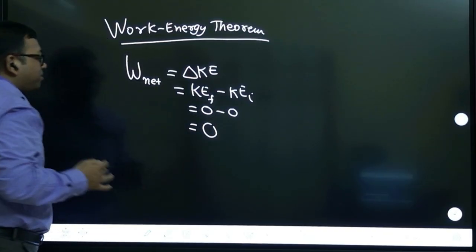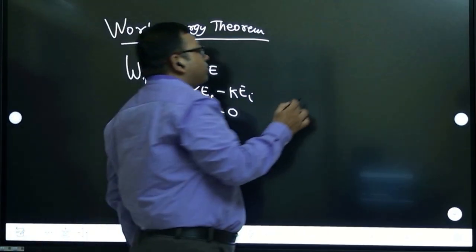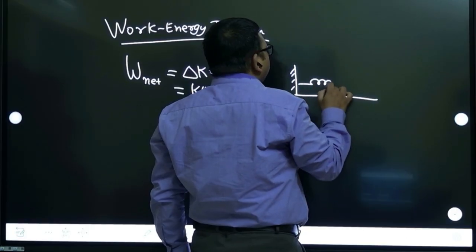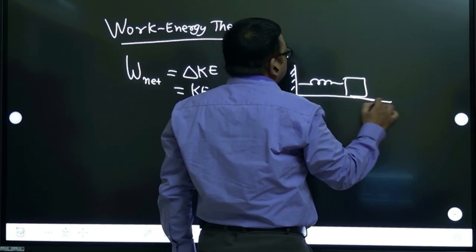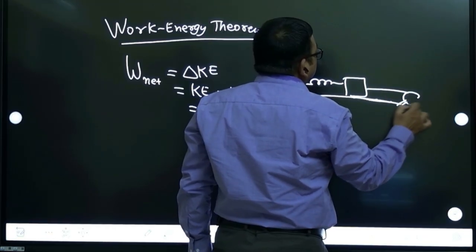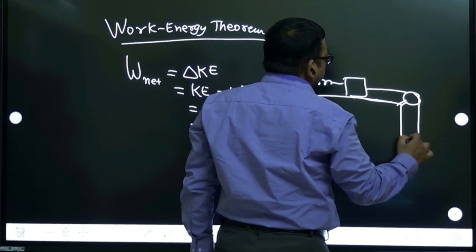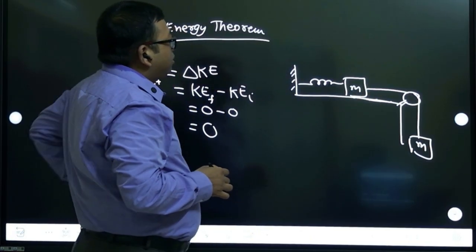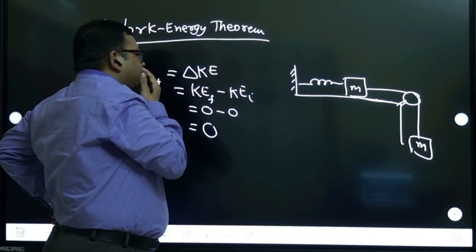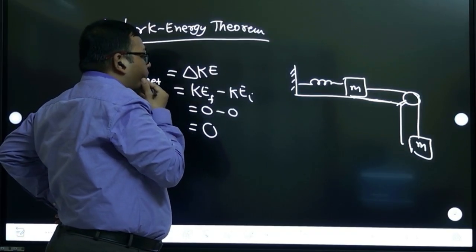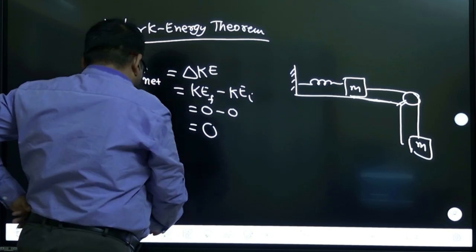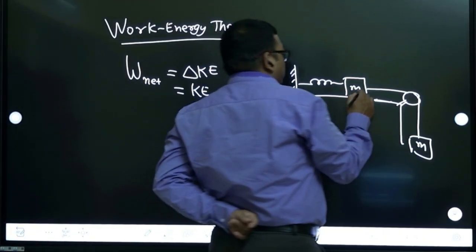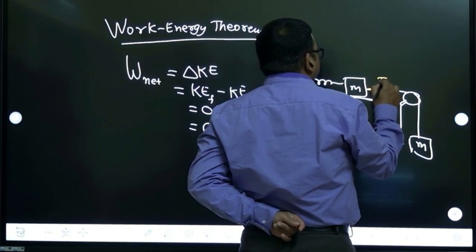So work done by all the forces. Now what forces are acting? Now you think about it. The spring is applying... Correct, correct. What are the forces acting on both the bodies? On the system you are taking. Suppose if you study the first body, tension will be acting, right?